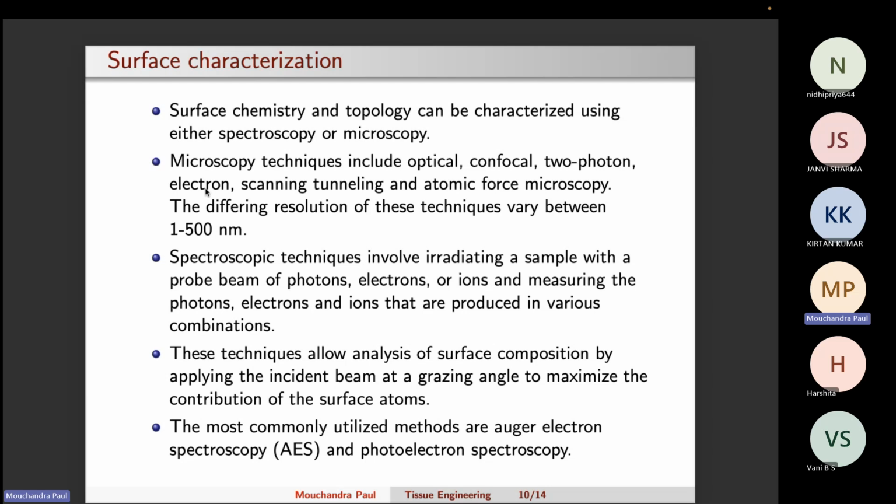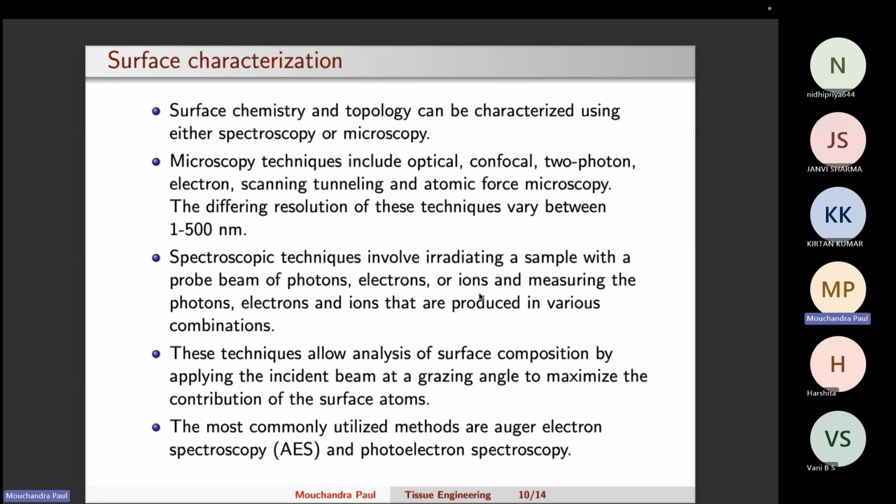You can understand how many carbon, nitrogen atoms there are, the distribution of carbon, nitrogen, oxygen, and other atoms, how they are distributed on the surface. You can do that using various spectroscopic techniques. So here also, people irradiate the surface of a material basically with photons like light, or electrons, or they bombard it with a beam of ions.